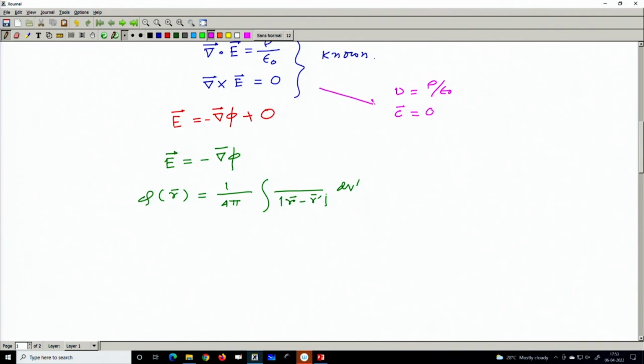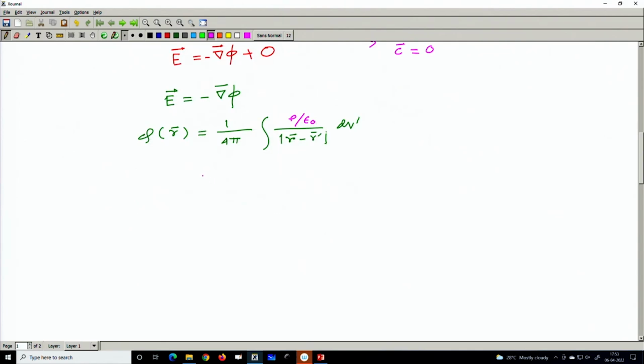So I will put this value, rho by epsilon 0, and that is basically the solution for phi.